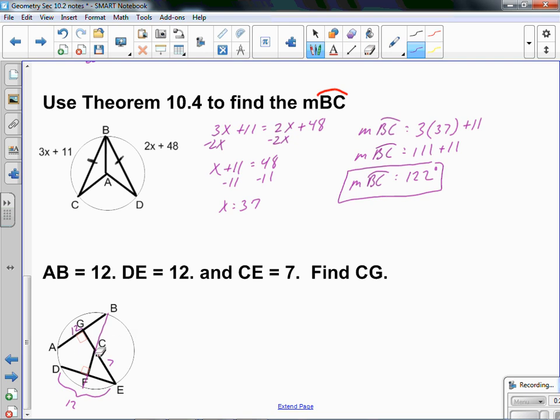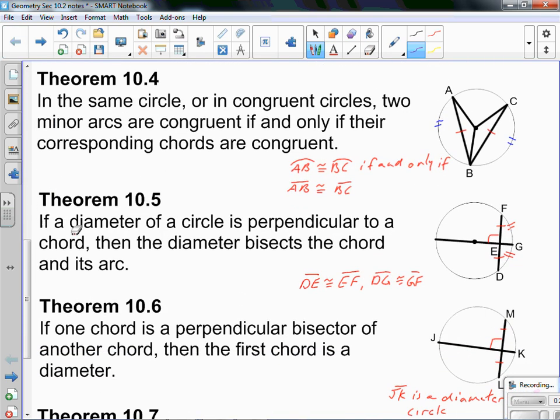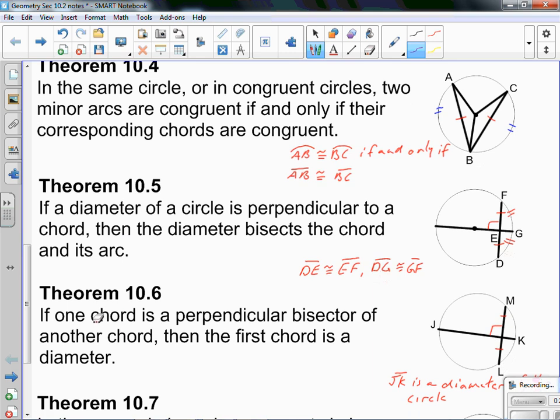And so since this segment right here, which could be part of a diameter, is perpendicular to this chord, we can use another theorem we just learned, which says that if a diameter of a circle is perpendicular to a chord, then the diameter bisects the chord.